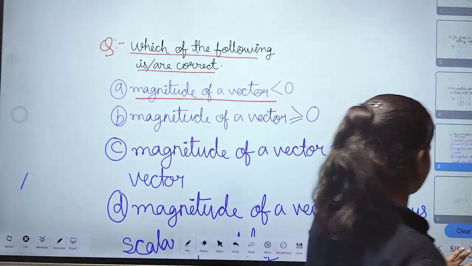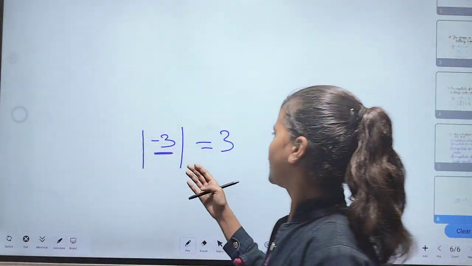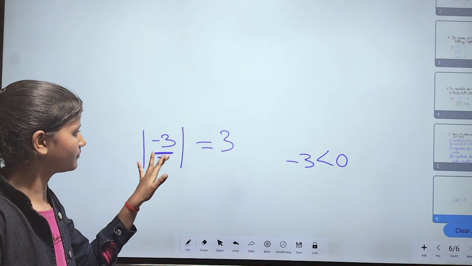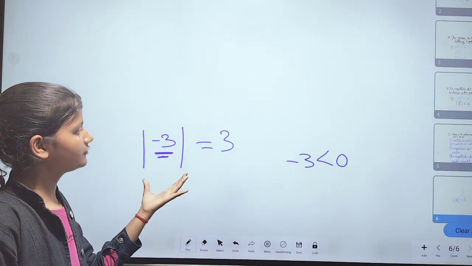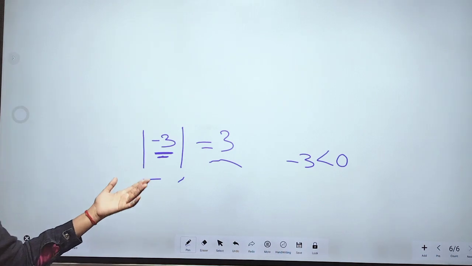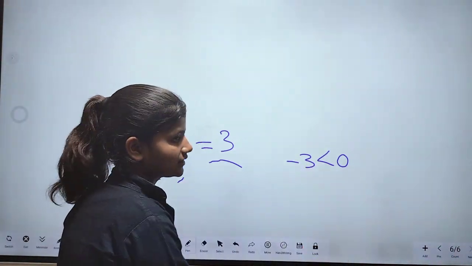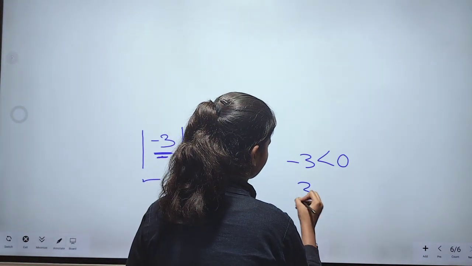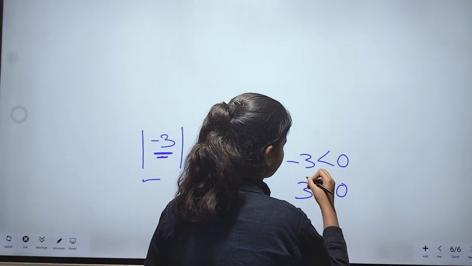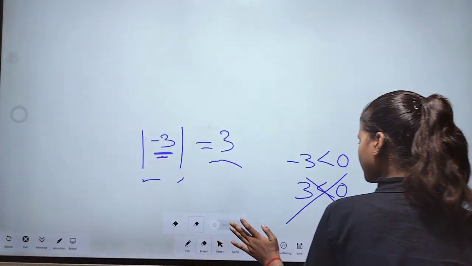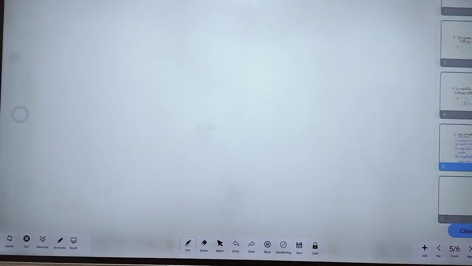No. If we put modulus on this number, it will always give a positive result, not a negative. So -3 is less than 0, but 3 is not less than 0. It was wrong. So that's why our first option is wrong.